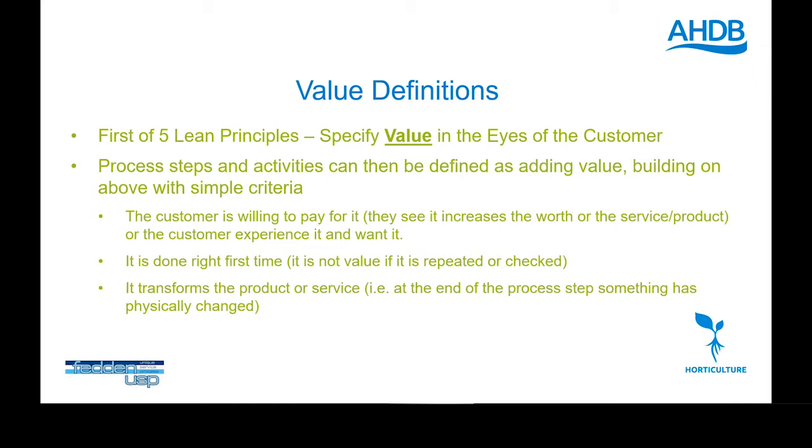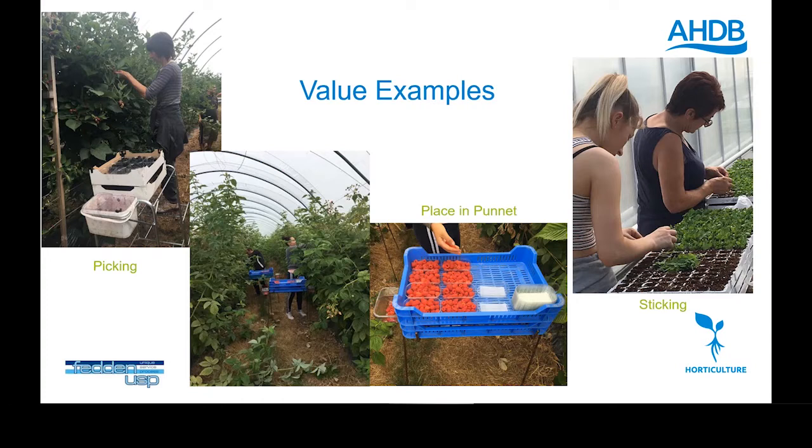So the types of things are the actual process of picking, the actual step of picking. Last time I showed, the customer value we want is, in this case, raspberries in a punnet. So the point they hit the punnets, that's a value step. And over to the right, the point where the sticking is actually happening is the value step. It's the actual point though.